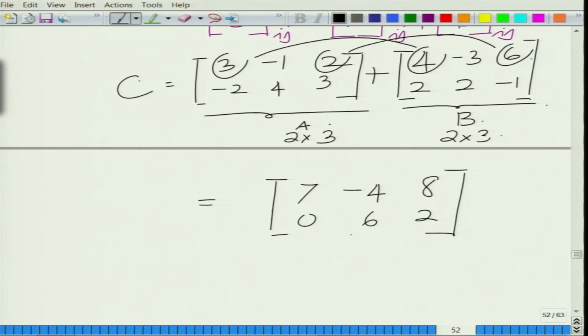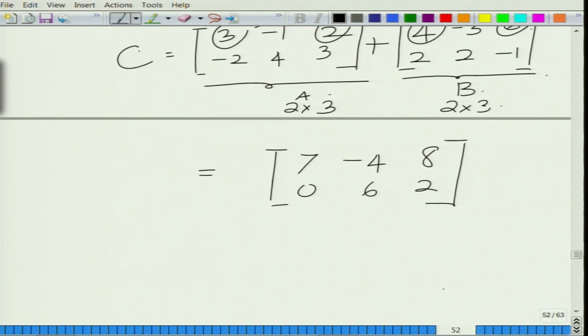So, you are simply adding them element wise, and this is essentially your matrix C. You are adding each element of A with the corresponding element of B, and you get the matrix C, which is of the same size as A and B. Okay.